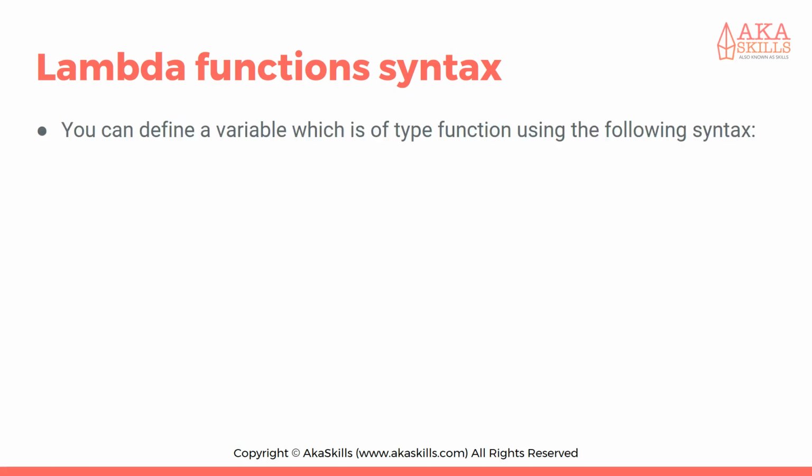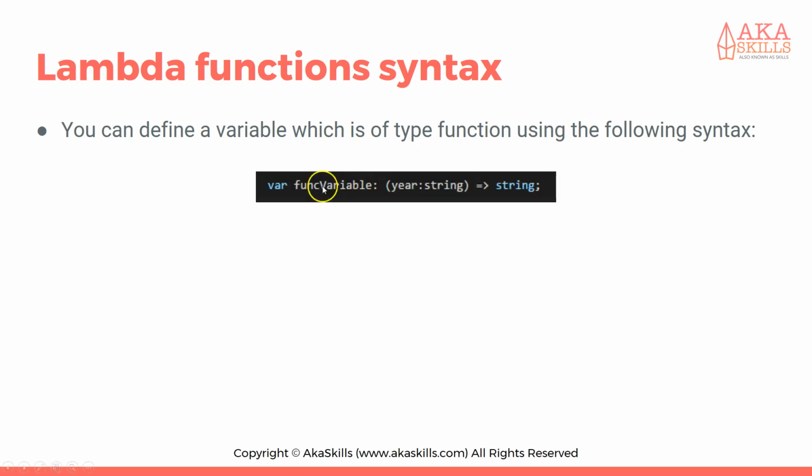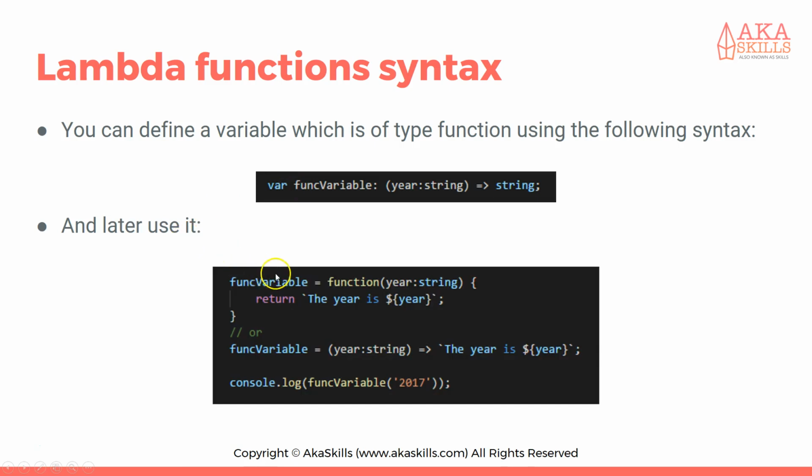So you can define a variable which is of type function using the following syntax. I can say var funcVariable is type of, and here I have the brackets, where I say type of string, and this goes to string. And later how can we use it? Well, I can say funcVariable is equal to function that receives here from string, the same that we have here, and this returns some string.